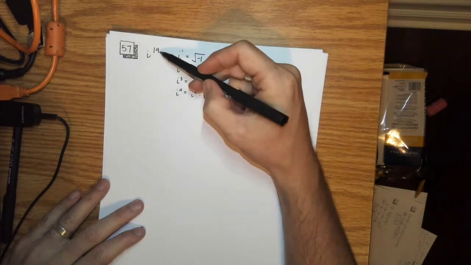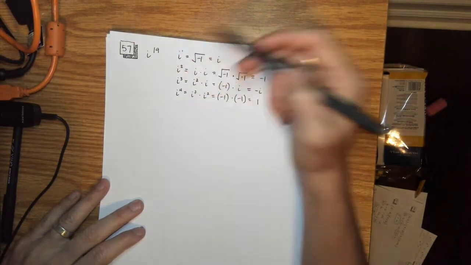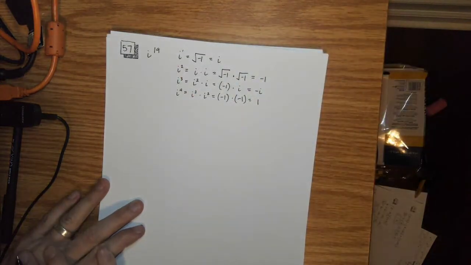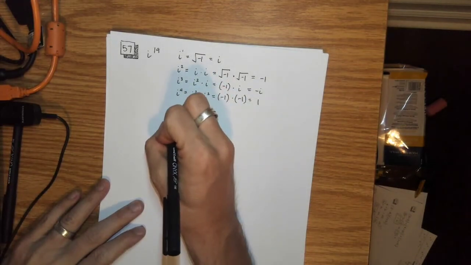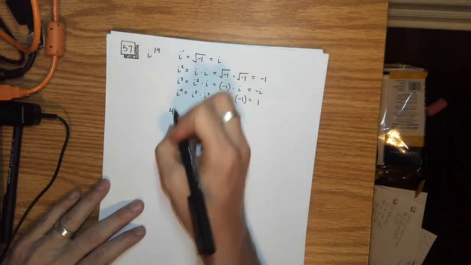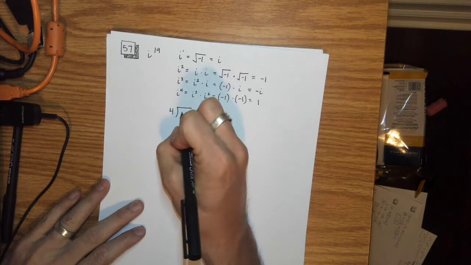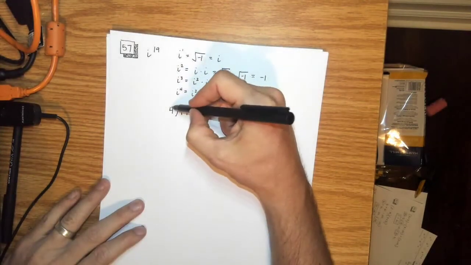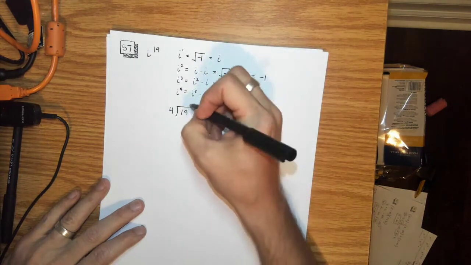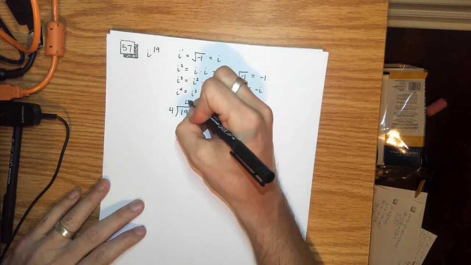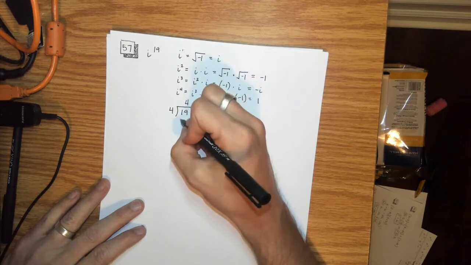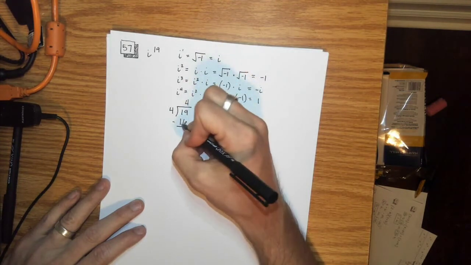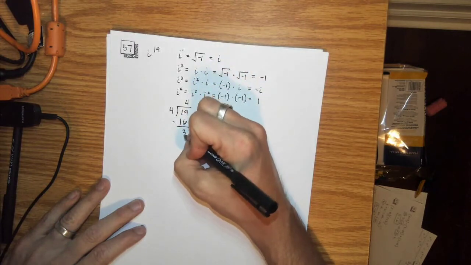So what we really need to do is figure out how many times this cycles through with 19. The easiest way is to take whatever your power is and divide it by 4. We know that 4 goes into 19 4 times, and 4 times 4 is 16. Here's the big key: we do this subtraction, 19 minus 16 is 3.